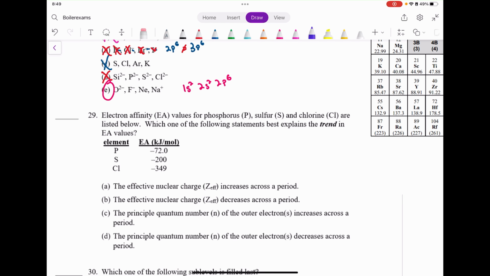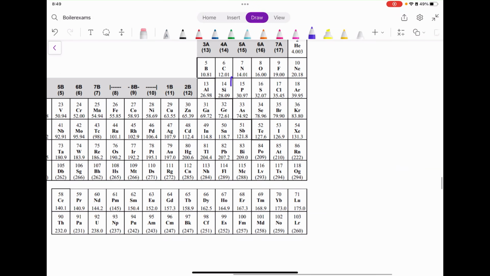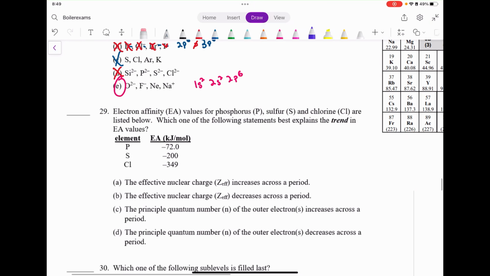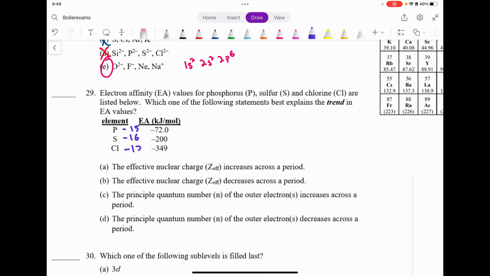And chlorine has the greatest magnitude. Let's find these on the periodic table. They are right here. And if I write the number of protons they have, 17, 16, 15. The reason chlorine has this greater ability to pull onto electrons is because it has more protons and a more effective nuclear charge.